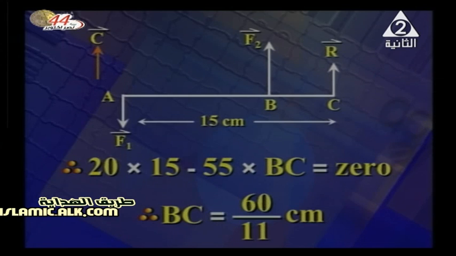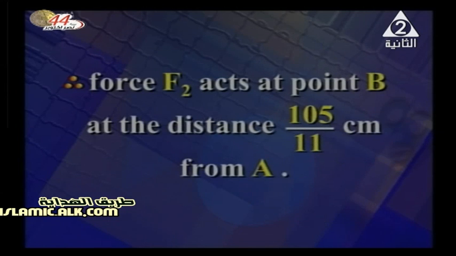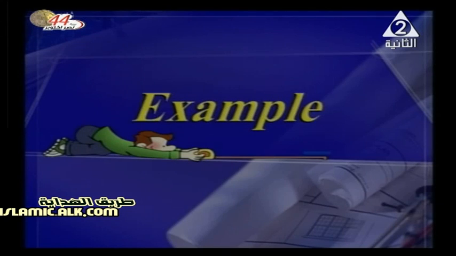Then BC equals 60 over 11 means F2 acts at a distance 60 over 11 centimeter from C, or 15 minus 60 over 11 from A. Then force F2 at the point B is at the distance 105 over 11 centimeter from A. Dear student, now we are to translate two important examples.